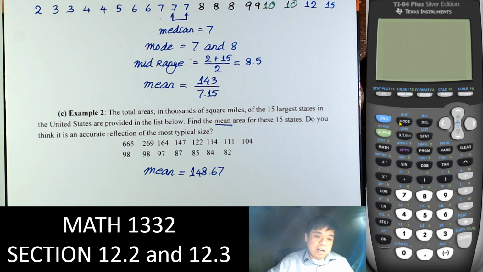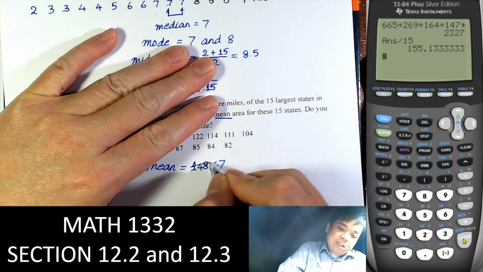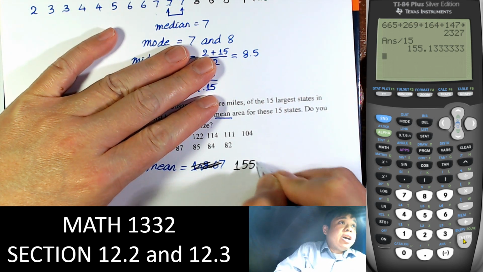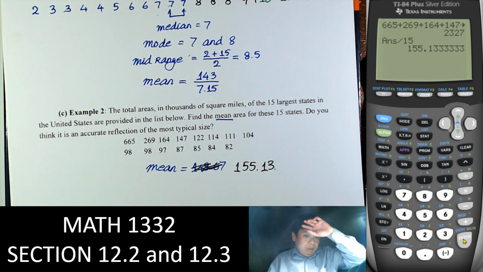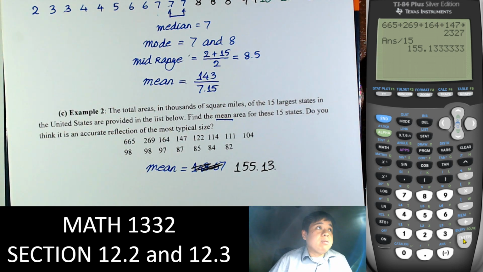Now let's do this by hand again: add them all up and divide by 15. I'm glad I checked that. So it is 115.13. Just add all of them up and divide by 15.